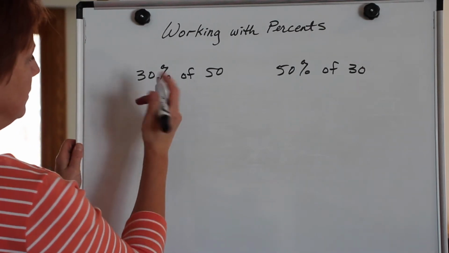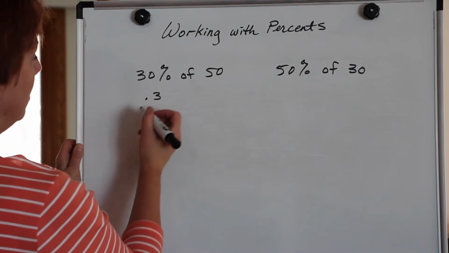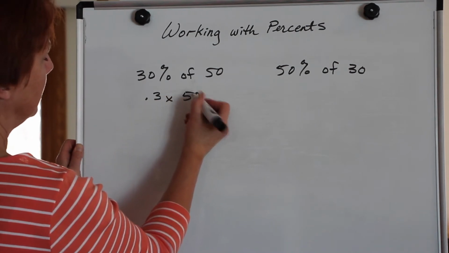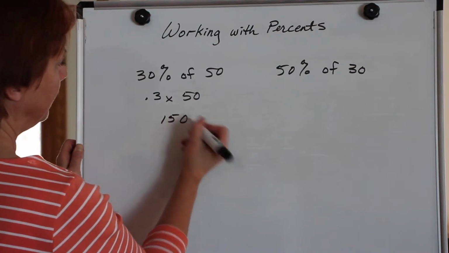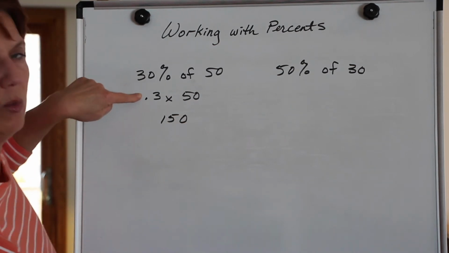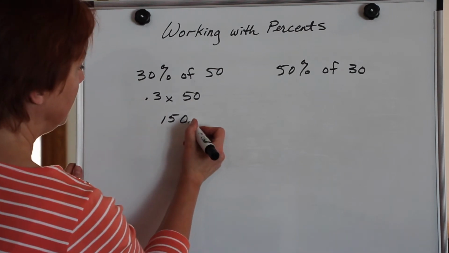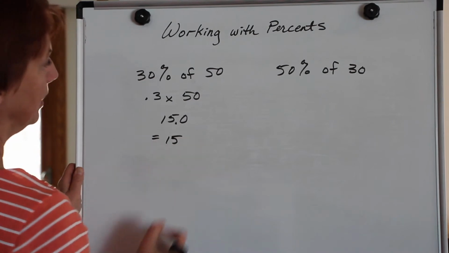If we turn 30% into a decimal, it's 0.3, and 0.3 times 50 is what we're doing. So 3 times 50 is 150. But in what we're multiplying, we have 1 decimal place, which means the decimal isn't here, it's here. So there's our 15.